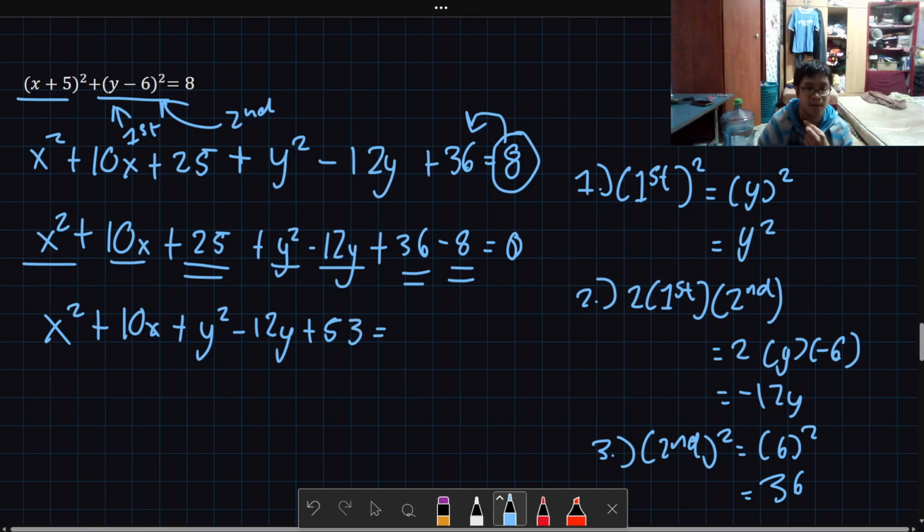That's it. Now, the last step is to arrange them from the highest exponent to the lowest exponent. The x squared and y squared should be placed first, so we have x squared plus y squared. The next place goes to the terms with variables, like 10x and negative 12y, so plus 10x minus 12y.